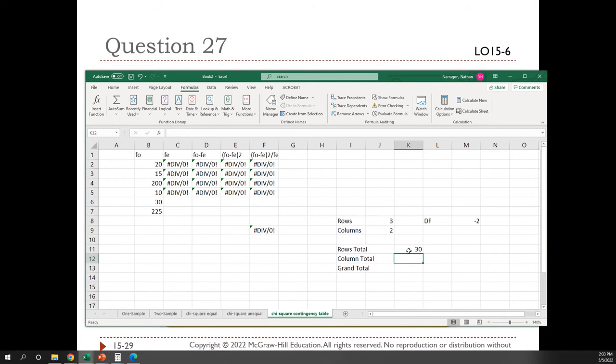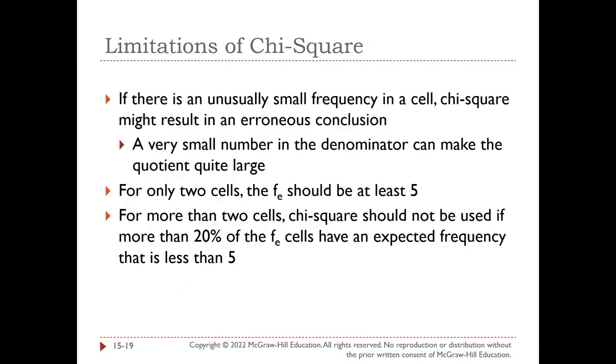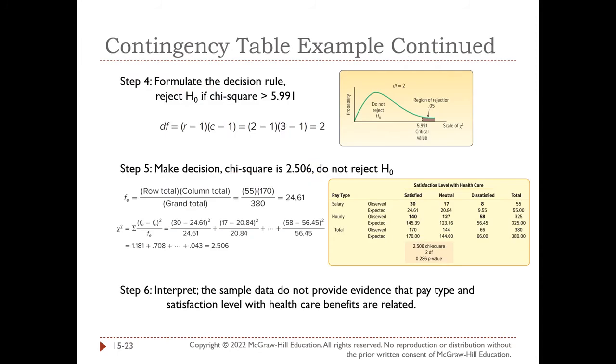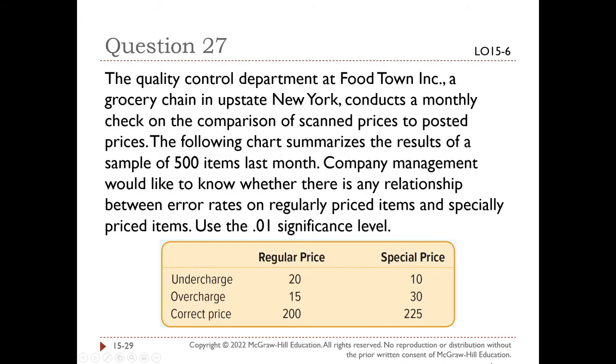Okay, 30. Column total is 20 plus 15, that's 35, 235. So grand total is 380. Yeah, okay, probably best to go ahead and put this in Excel.